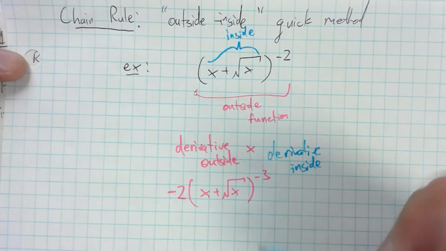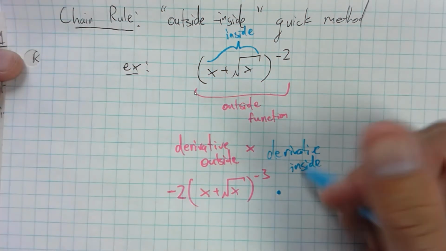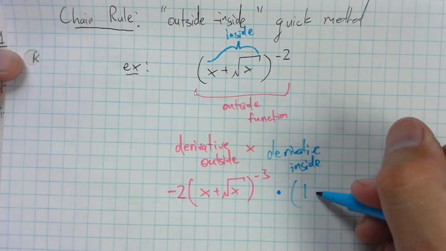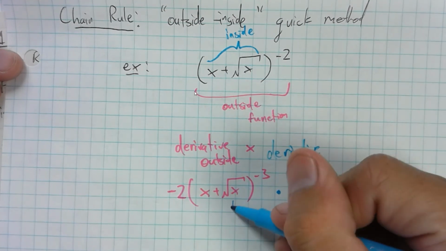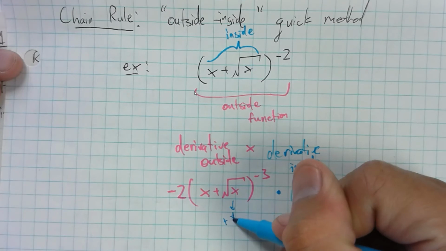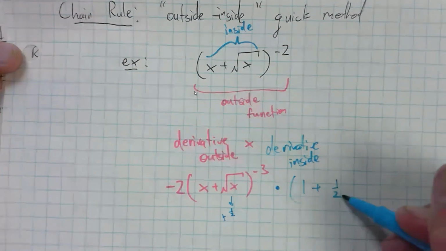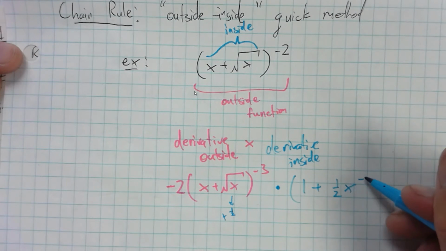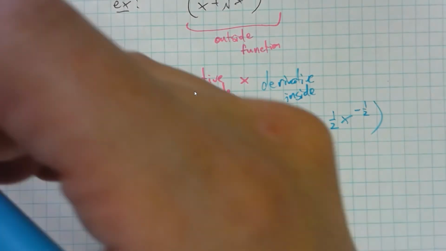And then you have to take the derivative of the inside, which is 1 plus, and if you think about this, another way of looking at this is x to the power of 1/2. So you would drag the 1/2 out in the front, and you subtract 1 from here, which is -1/2. That would be the answer. That's it.